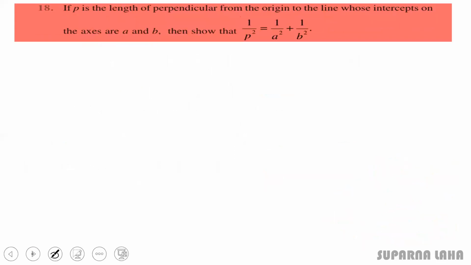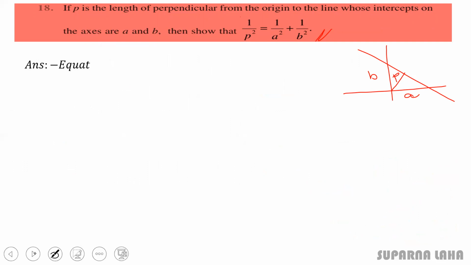P is the length of the perpendicular from the origin to the line whose intercepts are A and B. So A and B intercepts are given. P is the perpendicular distance given. You need to establish this equation. Clear?